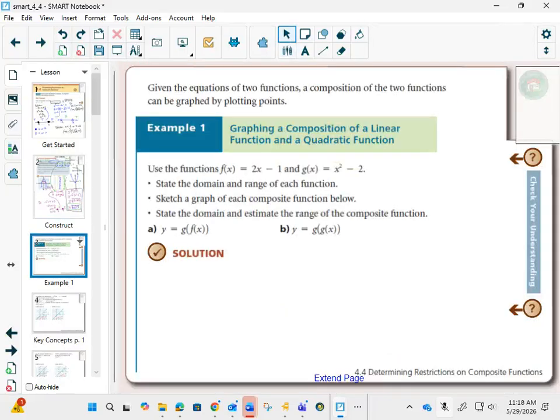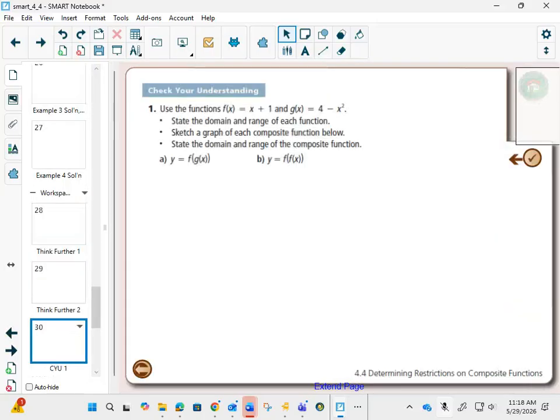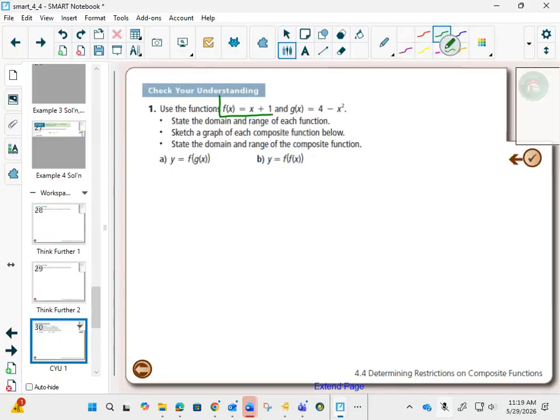With that, we're ready for example 1. We've got the function f, we've got the function g. State the domain and range of each function. So again, it's helpful to see these, and by now you should be able to take most graphs and get a sketch quickly. So, x plus 1: y-intercept of 1, slope of 1, there's my green graph. g of x equals 4 minus x squared.